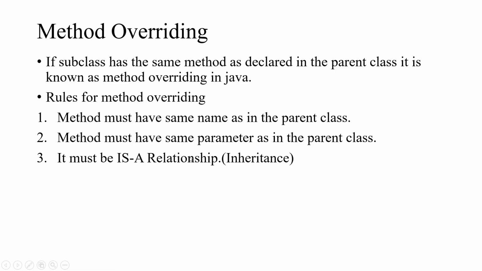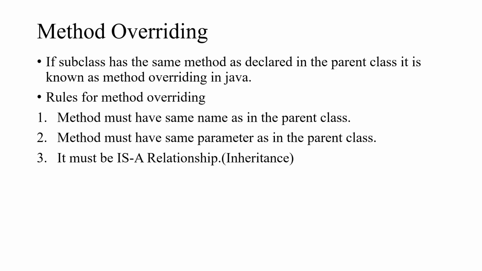So we have seen compile time polymorphism and runtime polymorphism, and also examples of both. What is the difference between method overloading and method overriding? In method overloading, methods have the same name and are within the same class, and they may have a different number of parameters.